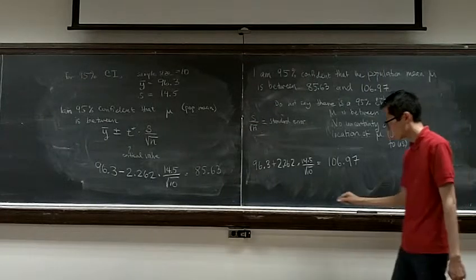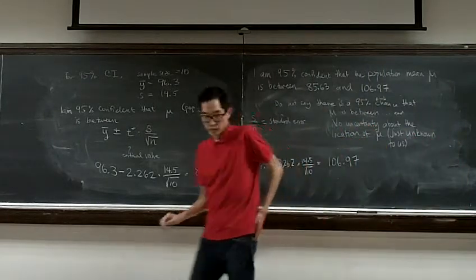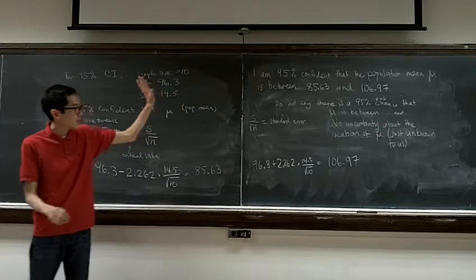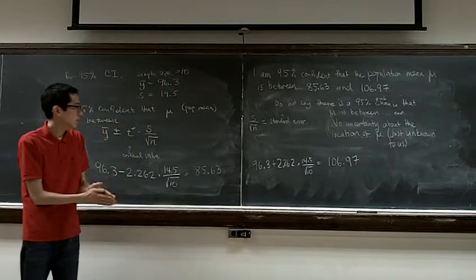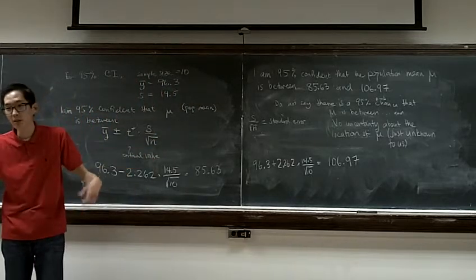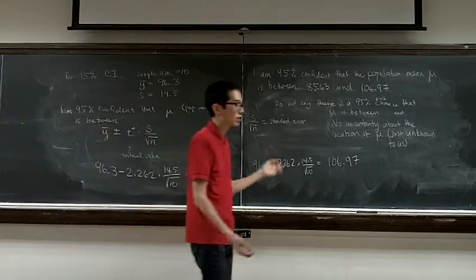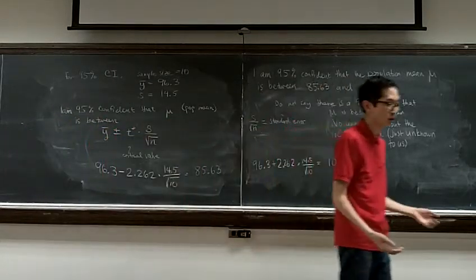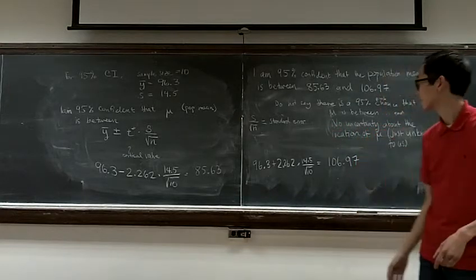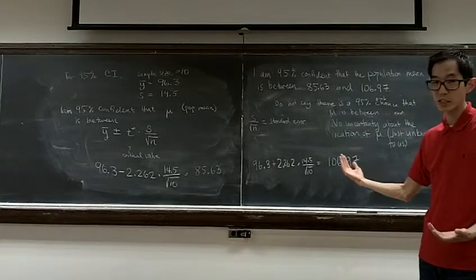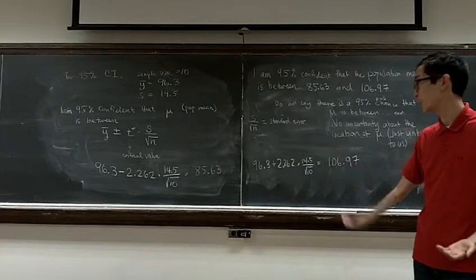And so we can say I'm 95% confident that it's in between these two values, but the truth is it could be outside of that range, and that just means the sample you observed happened to be one of those rare occasions where your sample mean ended up far away from the population.